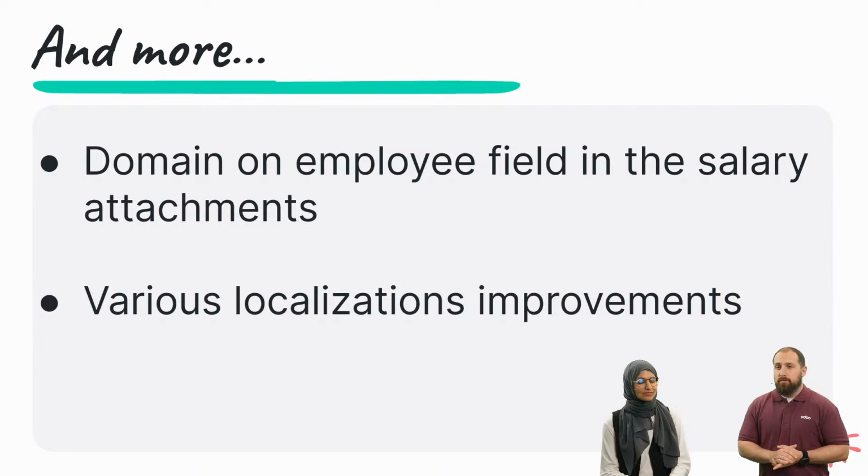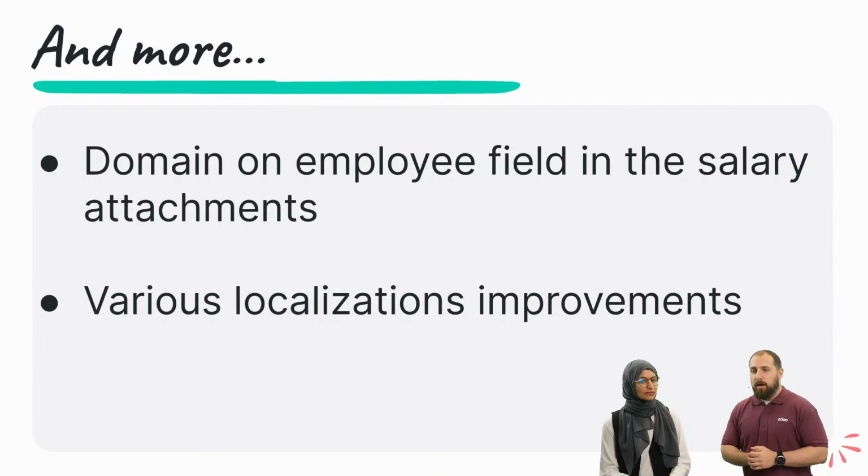And then, of course, in payroll, this is an application we tend to improve all the time. As you can see, we've got various localization improvements. We are always working on new localizations, but also improvements within existing localizations. And then also, I wanted to talk today about the salary attachment model.